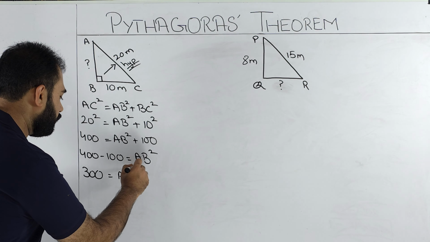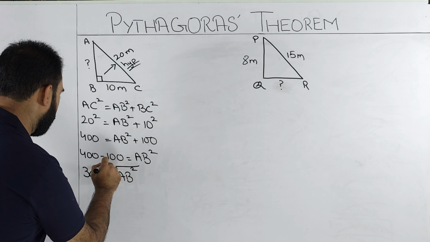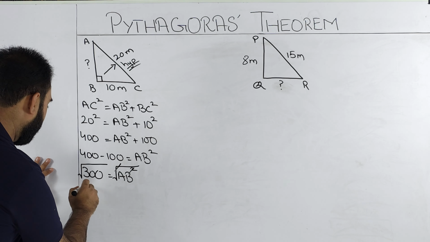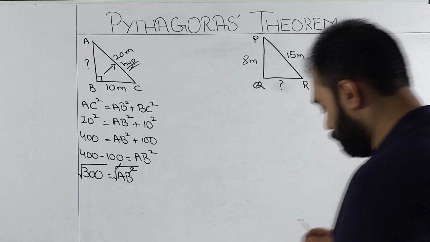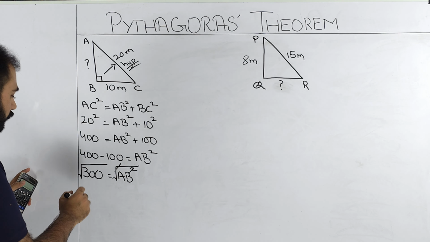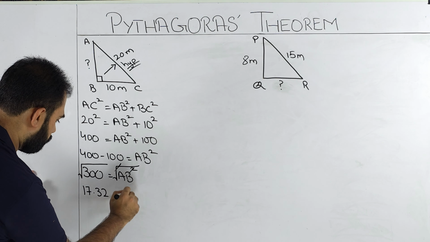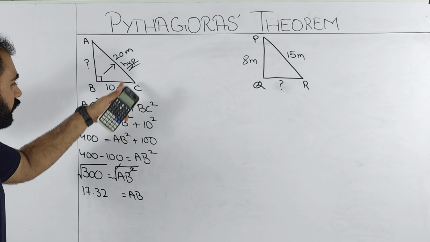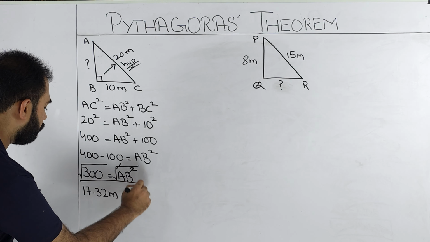As we discussed earlier, square root cancels square. So, I will apply square root on both sides. This will cancel the square, and under root 300 is 17.32. The length of AB is 17.32. Now, the units being used are meter, so the answer will also be in meter.